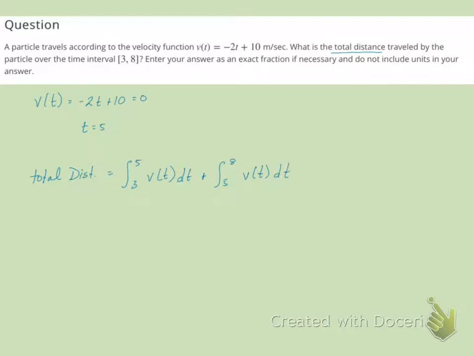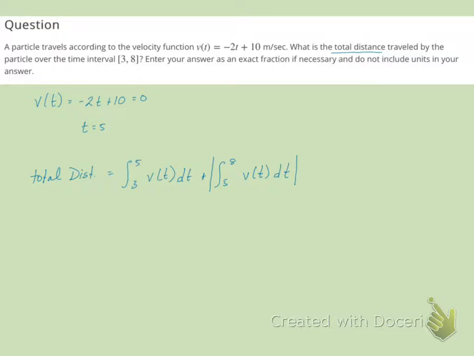Now, I want to make sure that I'm adding positive distances. And just from previous experience, I know that this last one is going to give me a negative distance if I just find the integral. So I'm going to put absolute values around it because I want to make sure to add the positive version of each distance.